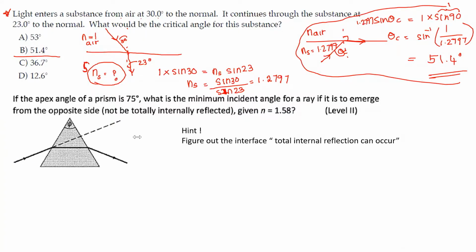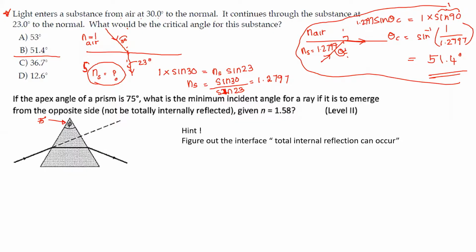Okay, so the next one is the hard one, right? So let's see what's happening with that. There is a prism and they have given us this apex angle, which is 75. I got this problem from the textbook, which means they can test problems like this.